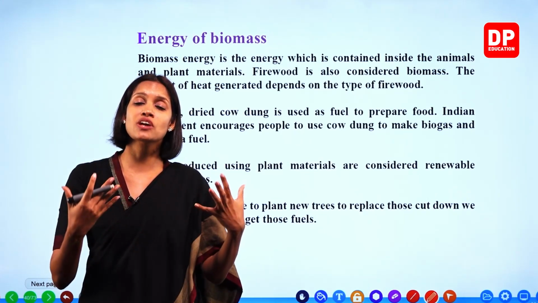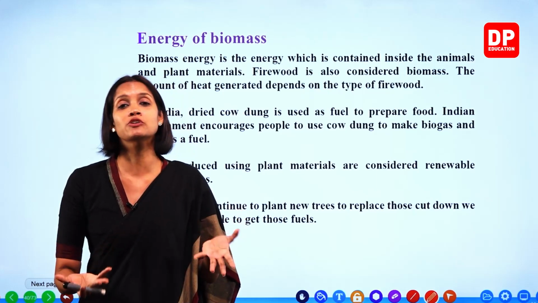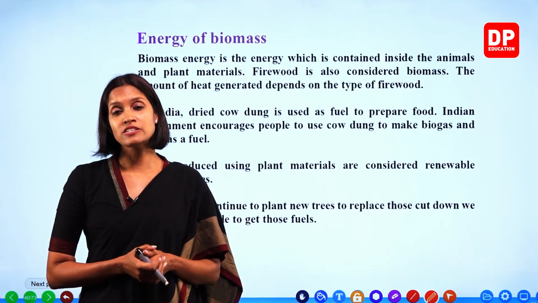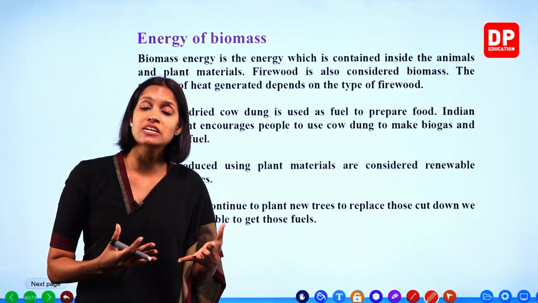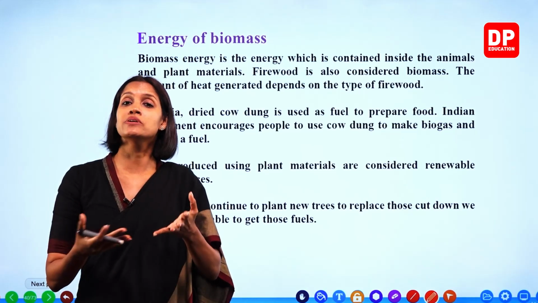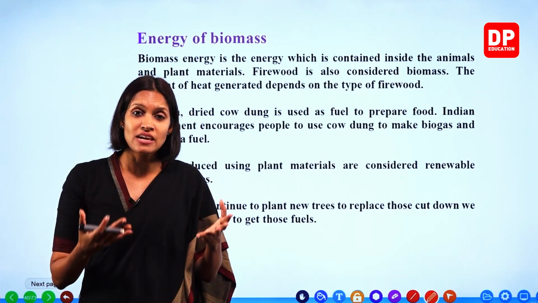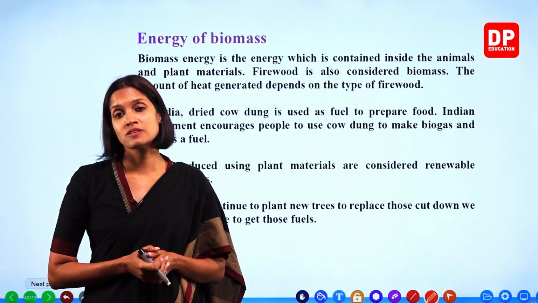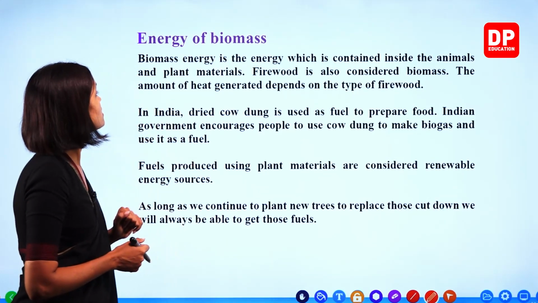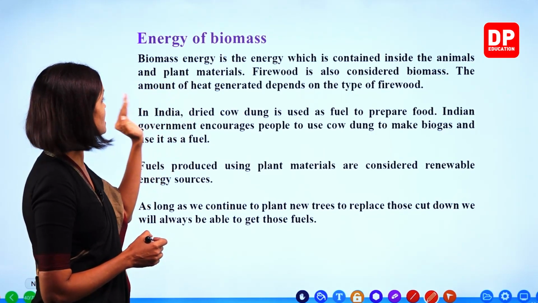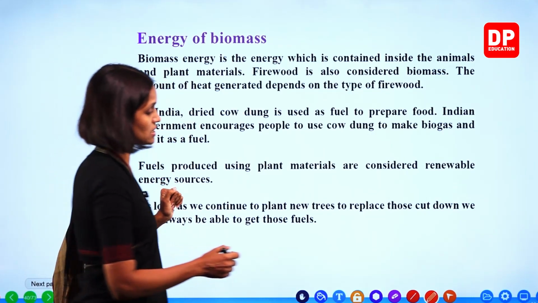This heat energy can be used for many purposes like cooking, heating water, etc. There are some countries that, using the energy obtained by burning biomass, can generate electricity as well in thermal power plants. Okay, children? Right. So, biomass energy is the energy which is contained inside the animal and plant materials.